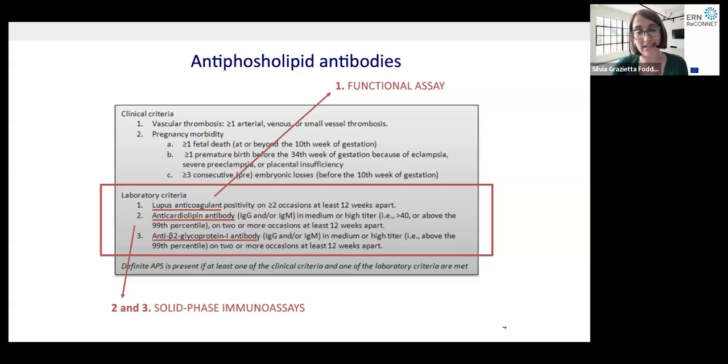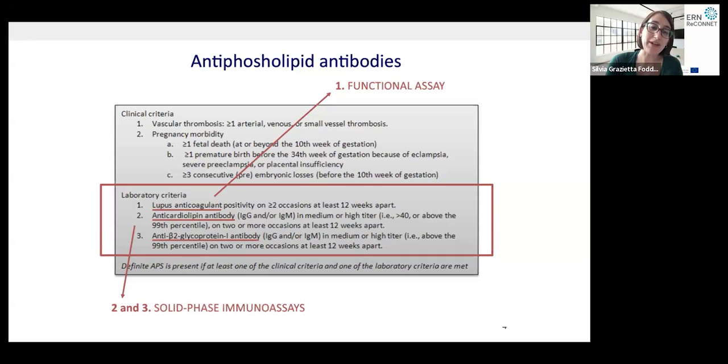What we assess with lupus anticoagulant is the ability or inability of the patient's blood to clot in a set time frame, okay? What we measure is not the presence of the antibody, but we understand that the antibody is present because we get a prolongation of the clotting time.